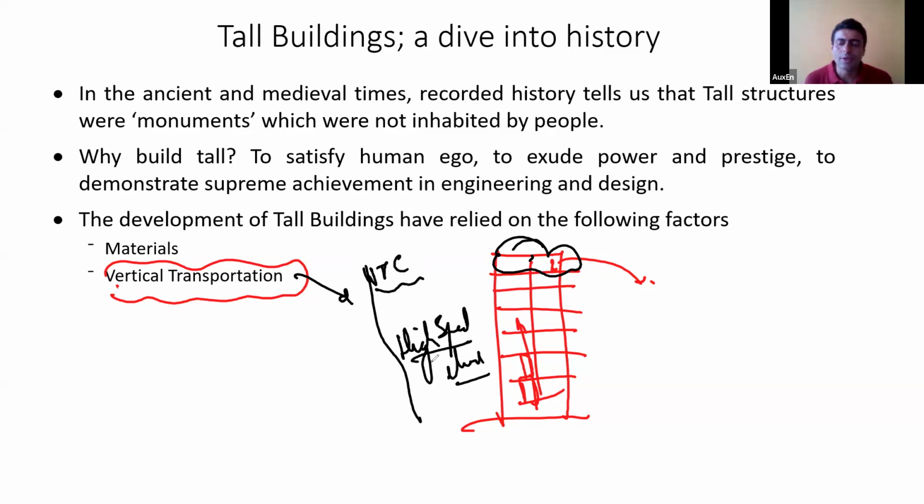Okay, so you can reach the top of Burj Khalifa, 826 meters tall, or even 600, 500-meter tall buildings, in 15-20 seconds, isn't it? Extremely high-speed elevators are used these days. So vertical transportation has ensured that you can go taller and taller without having to worry about how to reach over there.